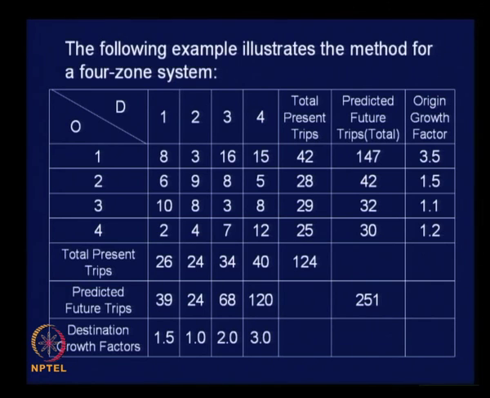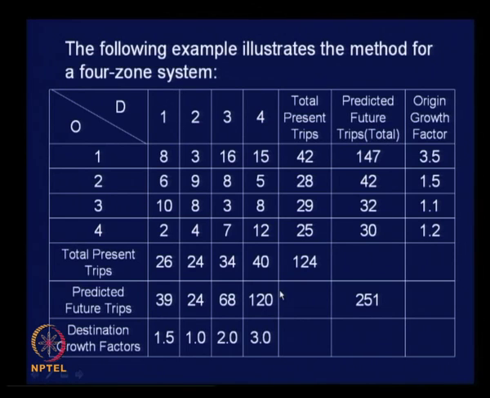You can deal with any kind of origin destination information as per the Furness method. And total present trips are given here, as well as the totals for the rows. The totals are totally different from one another because there is no symmetry condition introduced in this particular case, and this information will also be known to us.